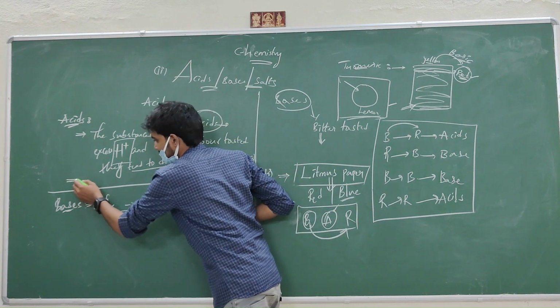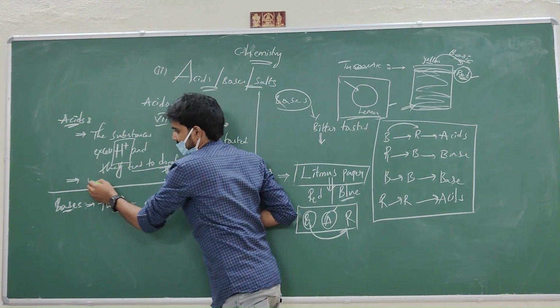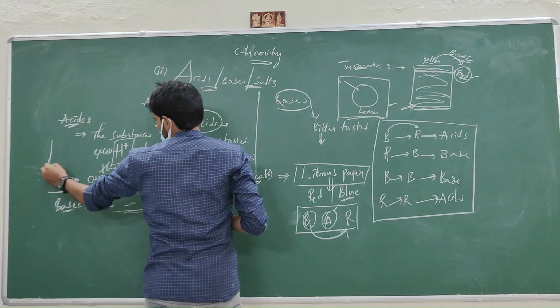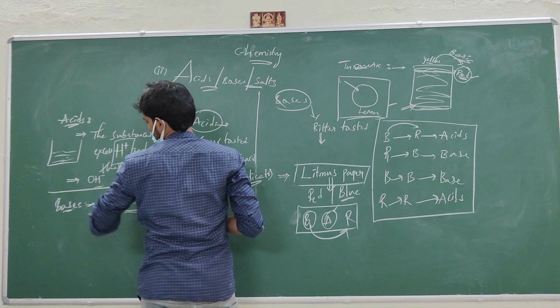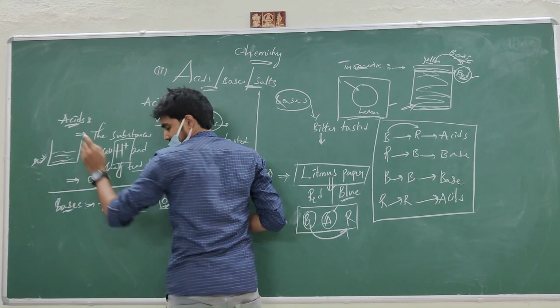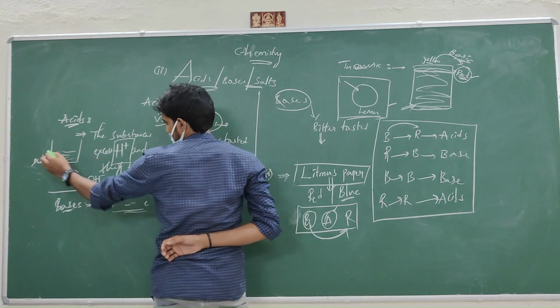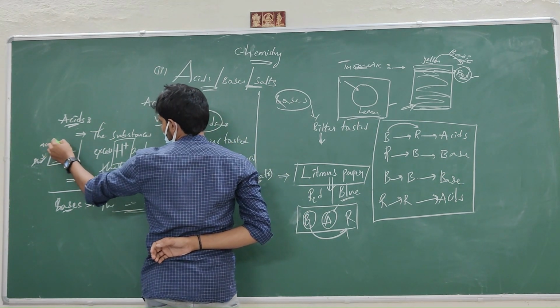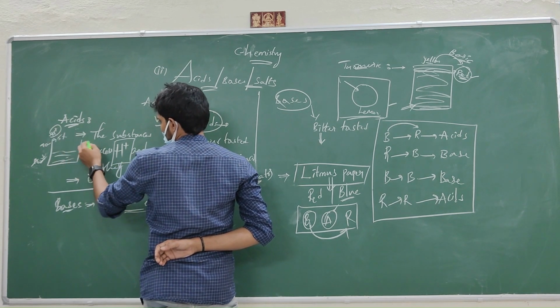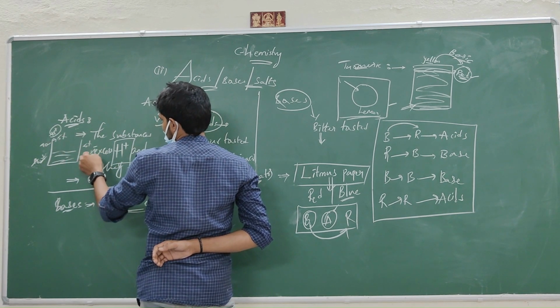Now, you might wonder: do acids contain OH minus ions or not? If you consider a solution, if it is an acid, it contains 90 to 95% H plus ions, but the remaining 5% might be OH minus ions.